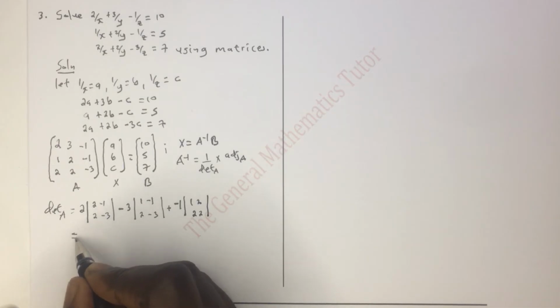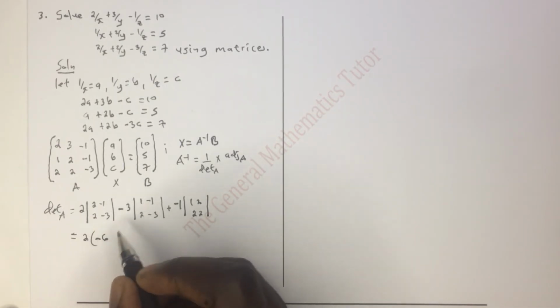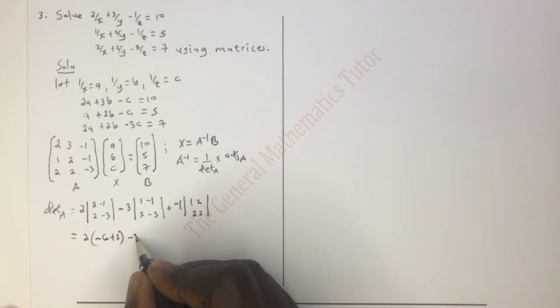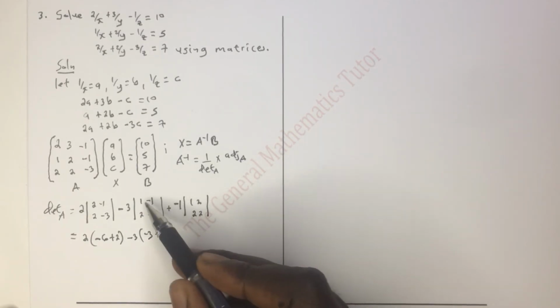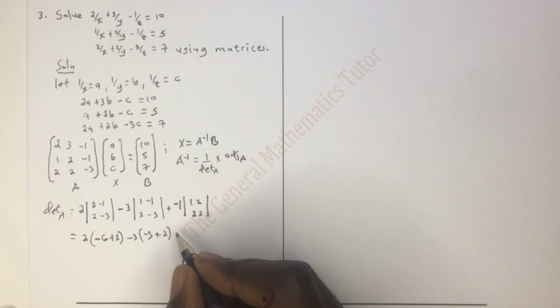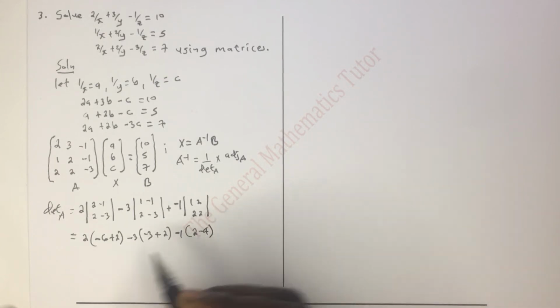So let us work this out. So we have 2 into negative 6 minus 2, that is plus 2, minus 3 into 1 times negative 3, that is negative 3, plus 2, that is negative 3 minus 2, plus negative 1 into 2 minus 4.